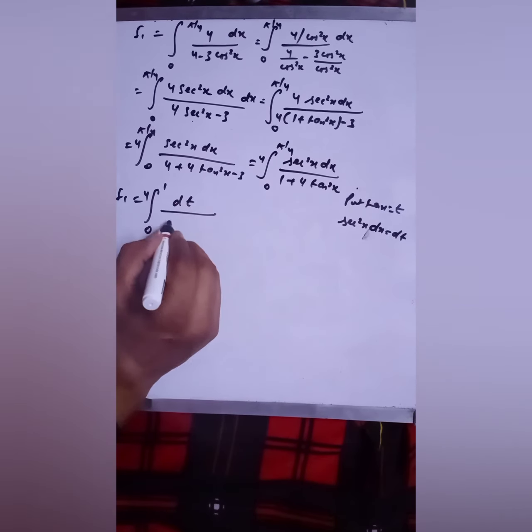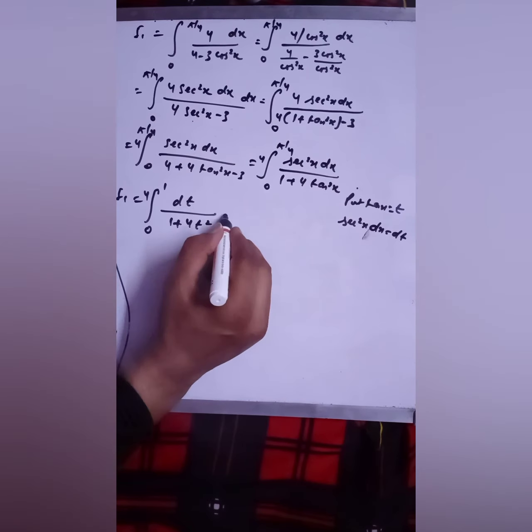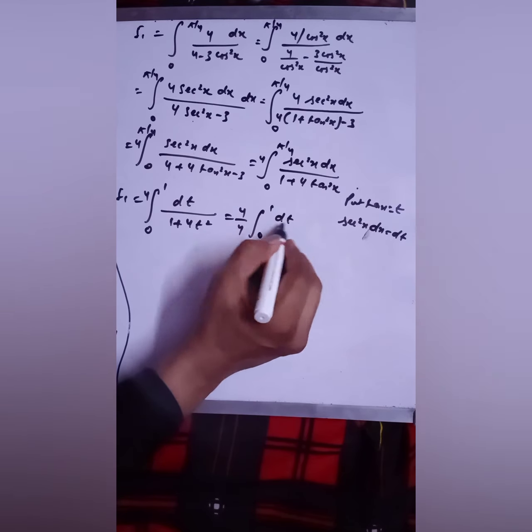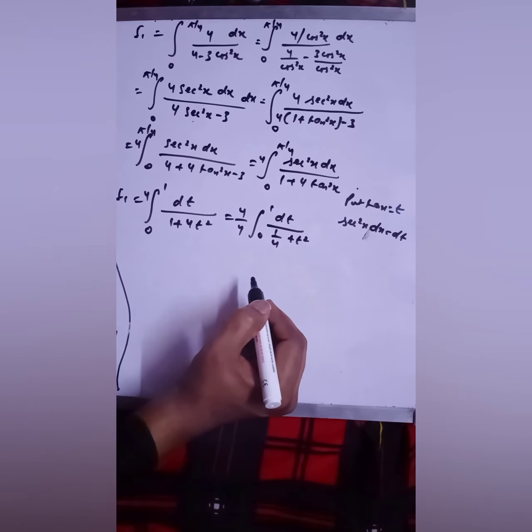Okay, so in numerator part you will get dt, and here you will get 4 plus t square. Got it? Now we are taking 4 as common, 0 to 1 dt over, this would be 1 by 4 plus t square.